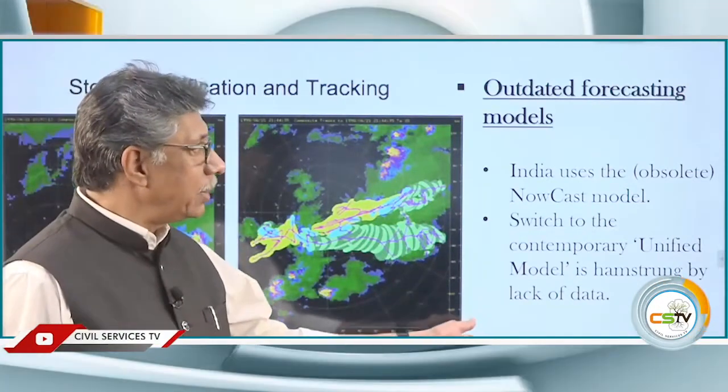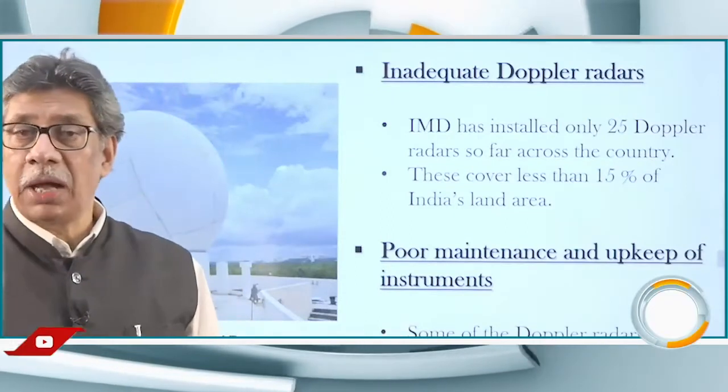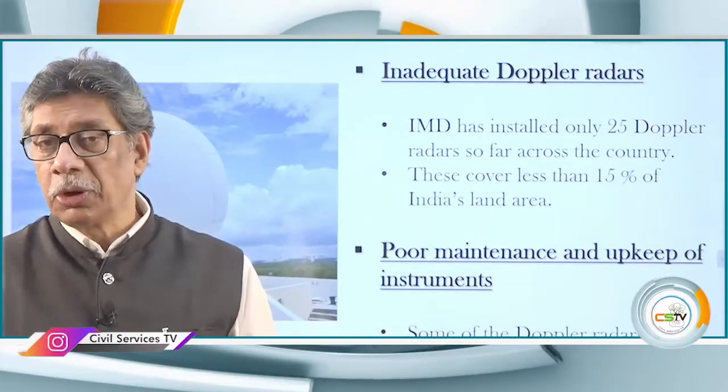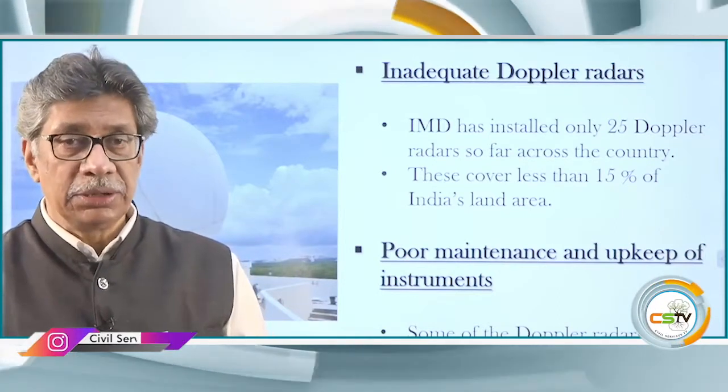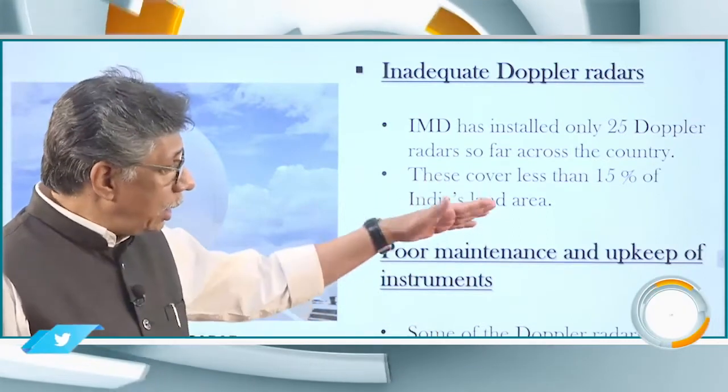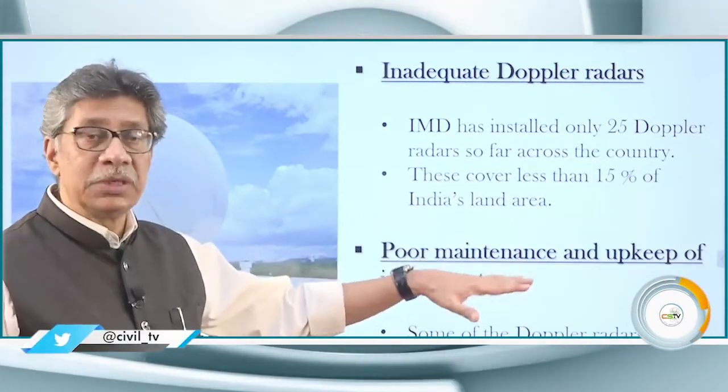At the same time, we also have inadequate Doppler radars. Although IMD has installed only 25 Doppler radars so far across the country, they cover only 15% of the land area, and moreover they always face an issue of upkeep and maintenance at the same time.